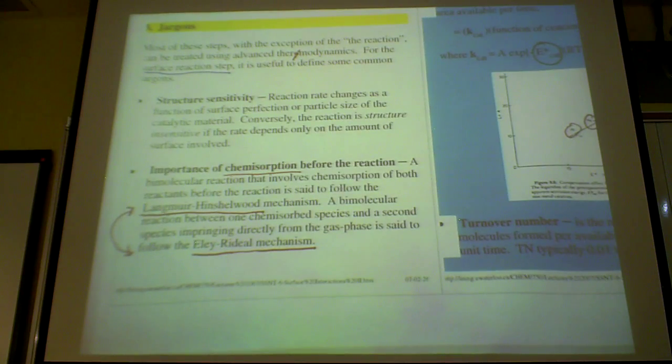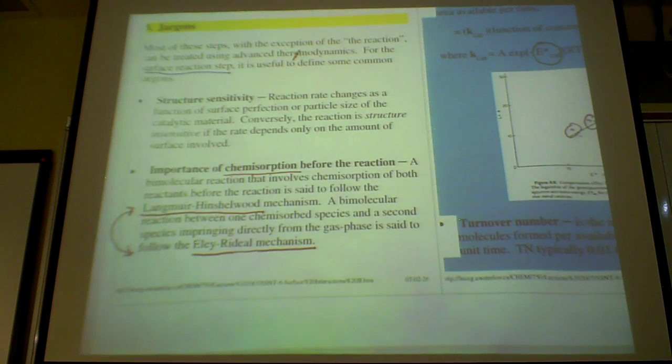If you have a bimolecular reaction involving chemisorption of both reactants before the reaction, then you are following the so-called Langmuir-Hinshelwood mechanism. In other words, both reactants have to adsorb first, and then the reaction takes place on the surface. The two reactants have to meet on the surface.